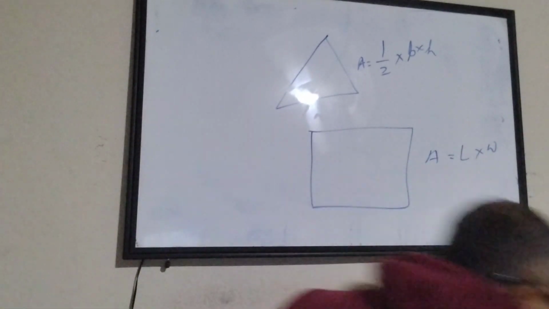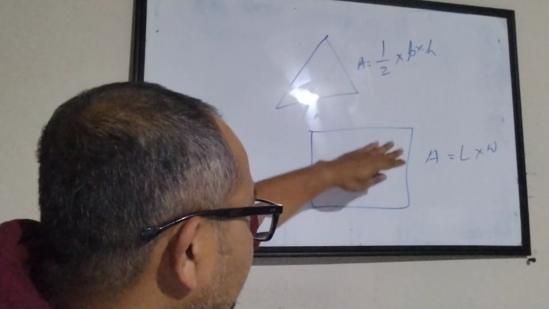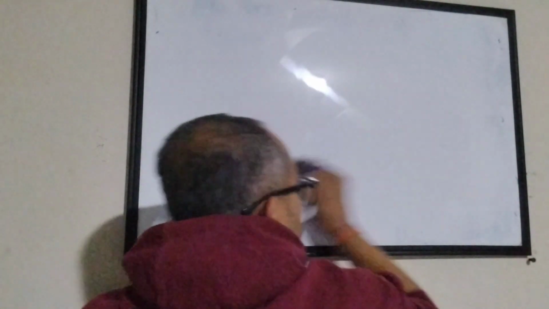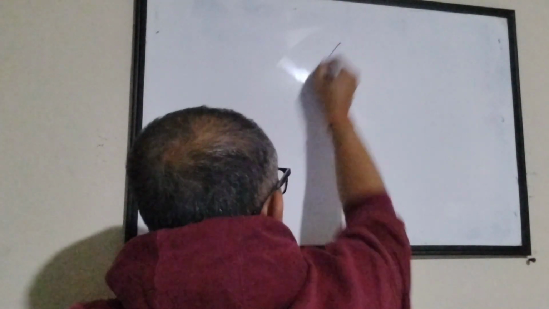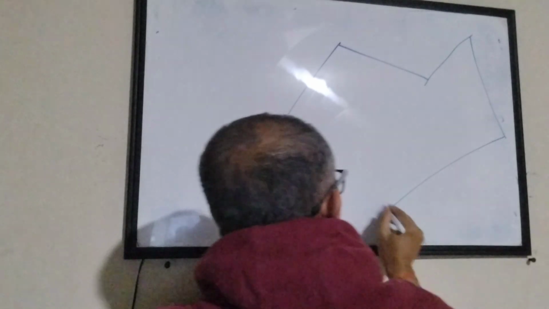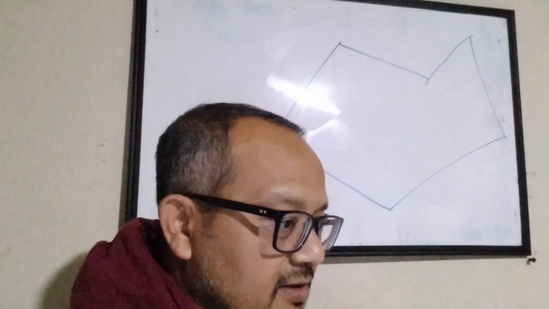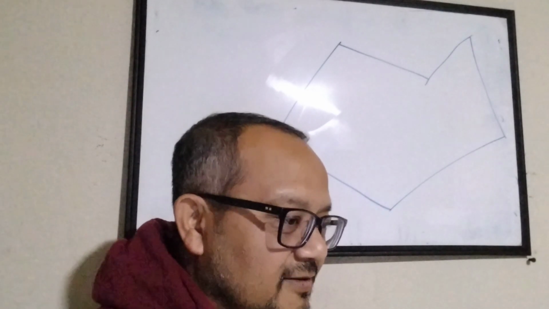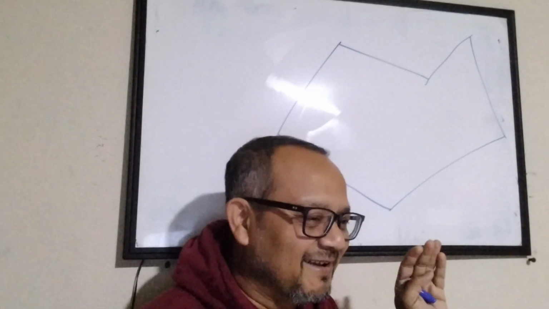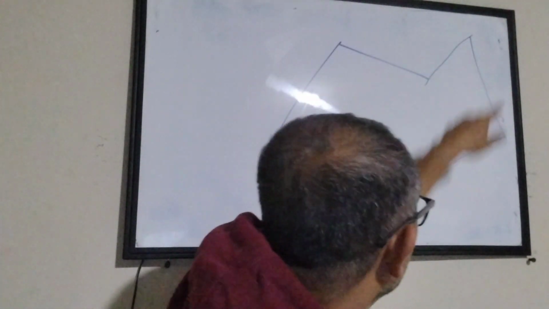Now, if you have to find the area of a triangle, you know the formula. If you have to find the area of a rectangle, you know the formula. But nobody in the world will give you a formula for the area of this shape, the weird hexagon. 2, 4, 6, yeah, hexagon.